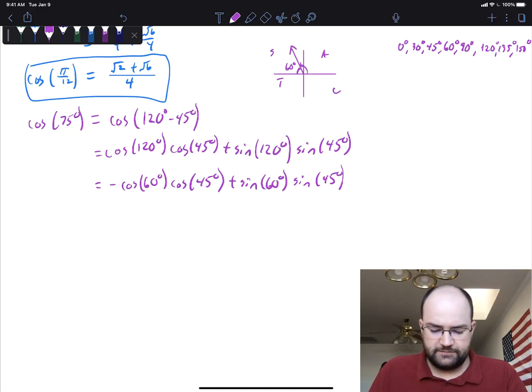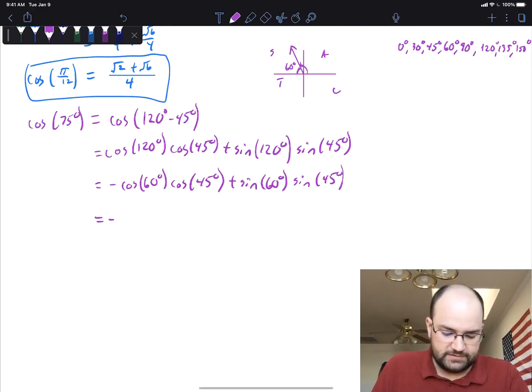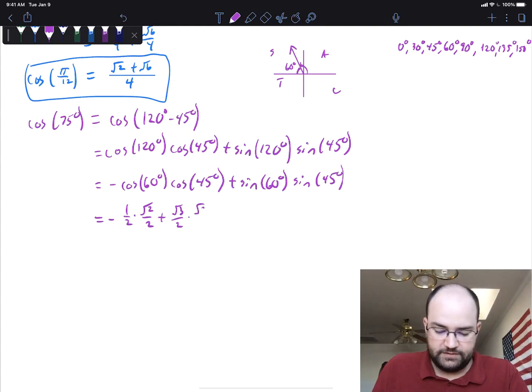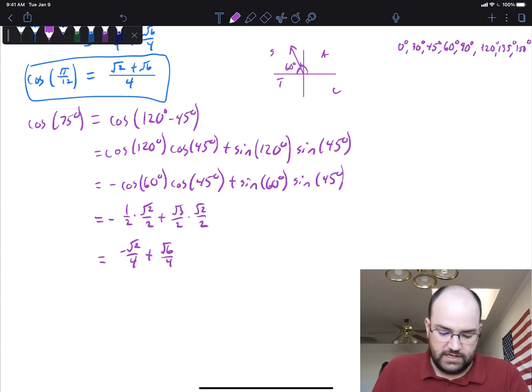Cosine 60 is 1/2, and cosine 45 is root 2 over 2. And then plus sine 60, that would be root 3 over 2, times sine 45, which is root 2 over 2. And then simplify, that's negative root 2 over 4, my apologies, and plus root 6 over 4.